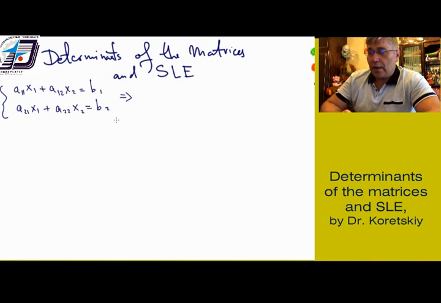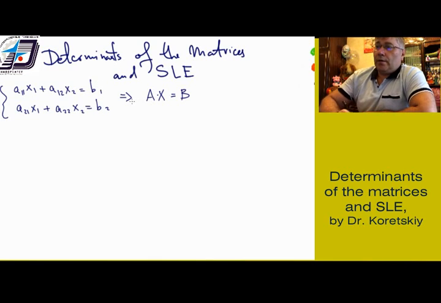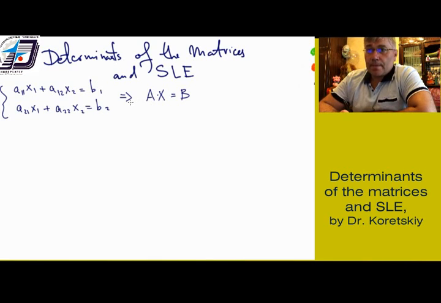And we had learned that this system of equations can turn into the matrix form: A times x equal b, so that A consists of the coefficients of the given equations, x is a vertical matrix with x1 and x2, and b consequently b1, b2.